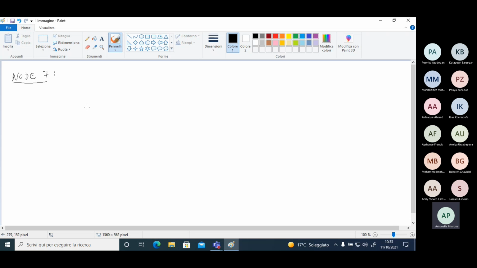And in particular, I remember to you that node 7 was here, 7, 8, 7, when I have here 500 and here 500, and here I have the T infinite and H. So for the node 7, I have to write this steady state case, obviously.